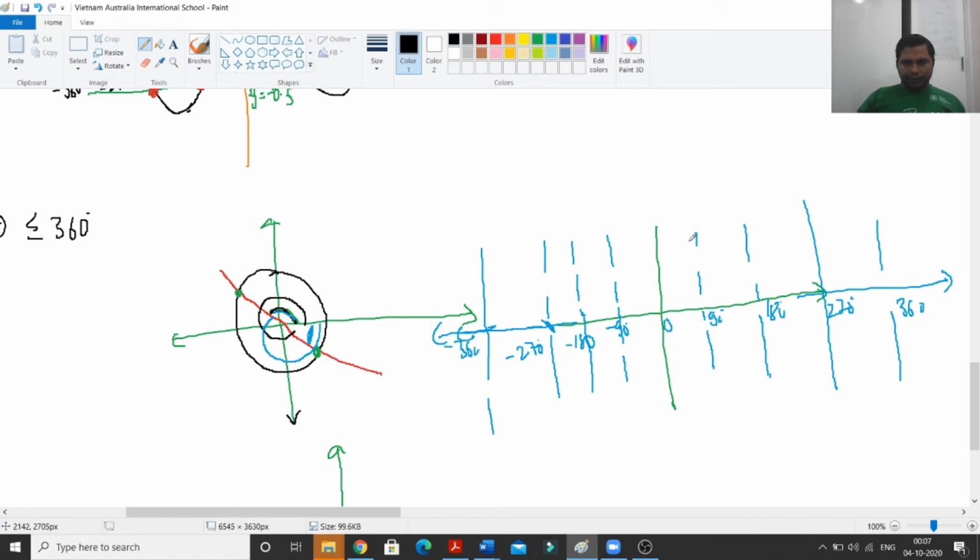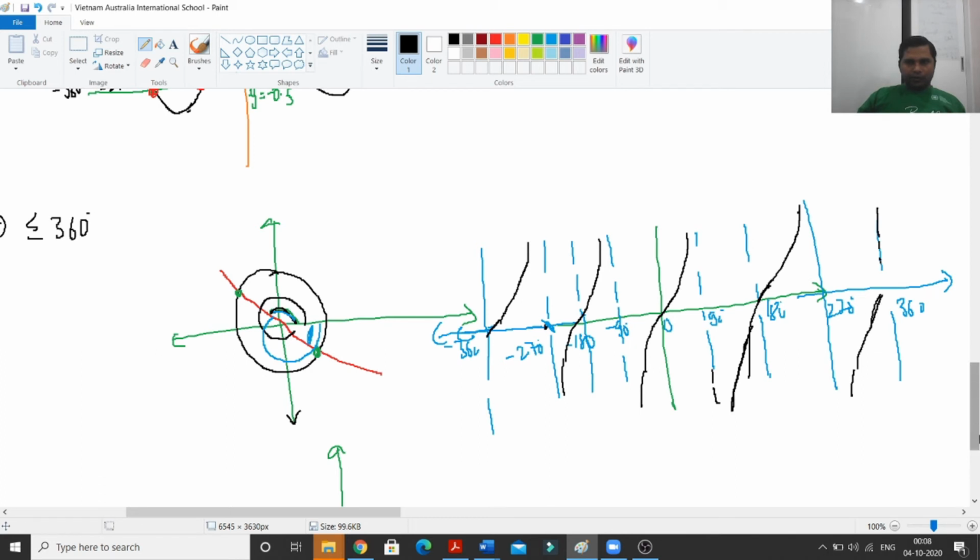I'll quickly sketch the graph. That's how the graph looks. Between 270 and 360 it will look like this.